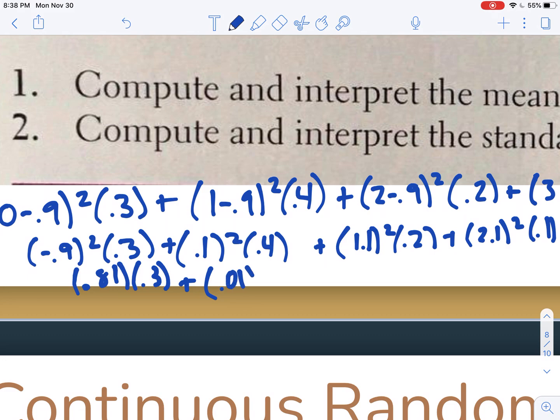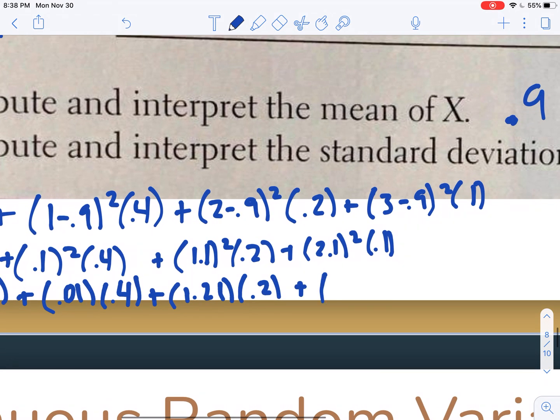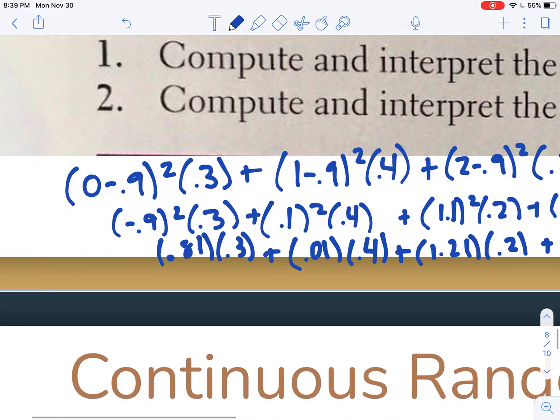It's 0.01 times 0.4. 1.21 times 0.2. 4.41 times 0.1. 0.243. 0.41.